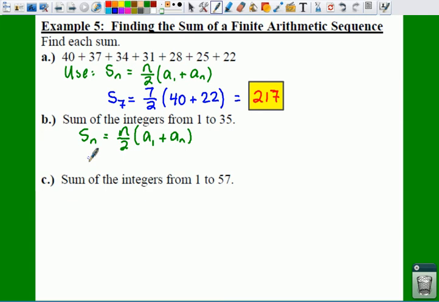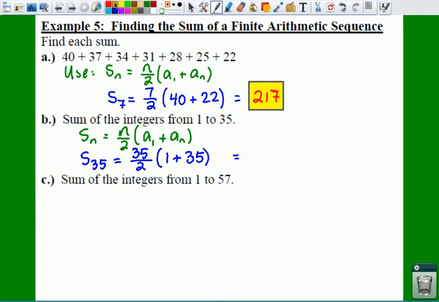Plug in, we're going to find the sum of, how many terms are we going to add up together here? From 1 to 35? You're going to add a total of 35 of them. So your n is 35, so we're going to take 35 over 2 times your first term, which is 1, plus your last term, which is 35.